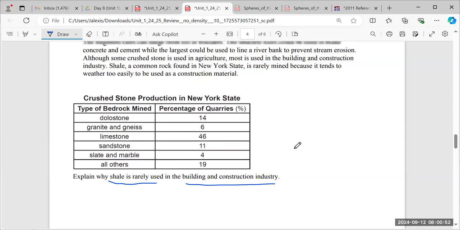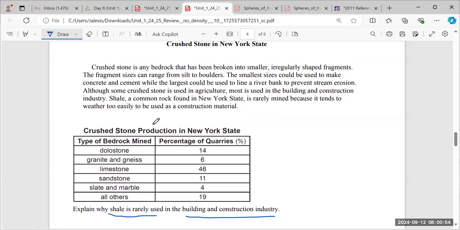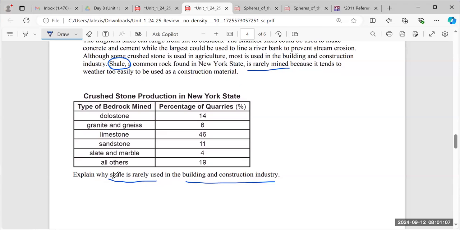After you've been reading, it talks about shale right here. Shale, a common rock found in New York State, is rarely mined. It says right here. Look, why is it rarely used?